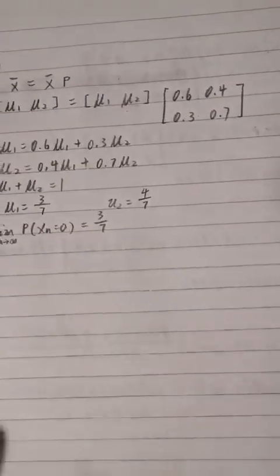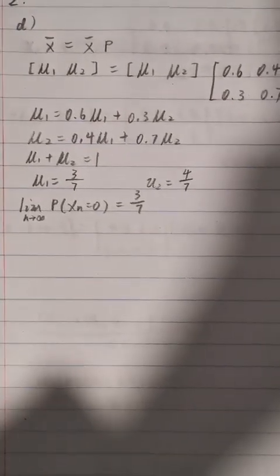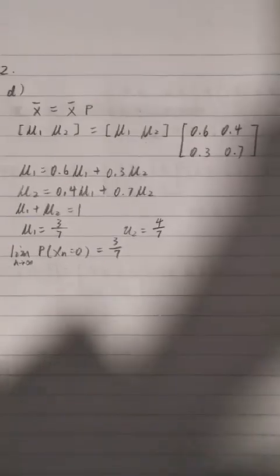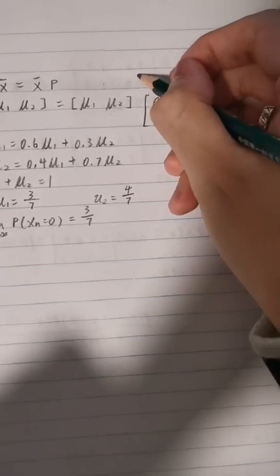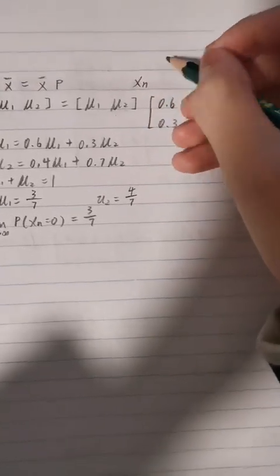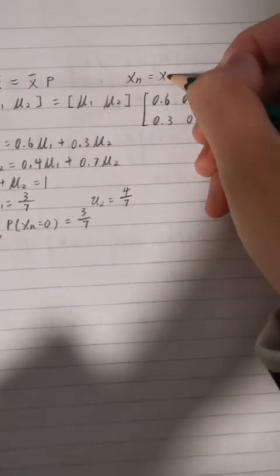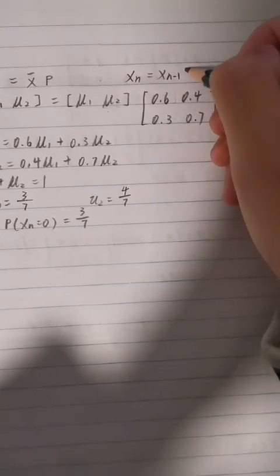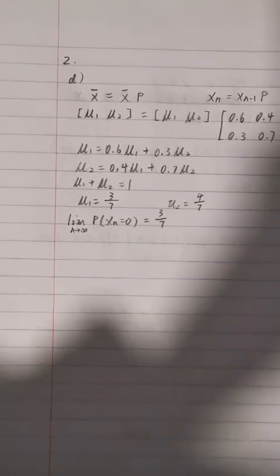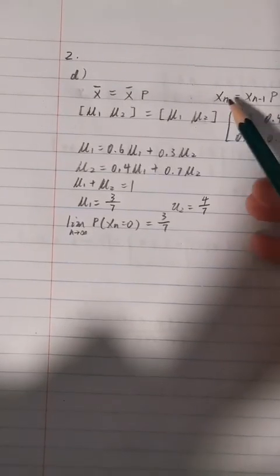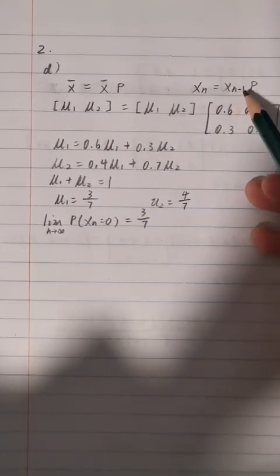The last question asks for the limit, when n goes to infinity, of the probability that xn equals 0. We know that xn equals xn minus 1 times P. When n goes to infinity, xn should be the same as xn minus 1.